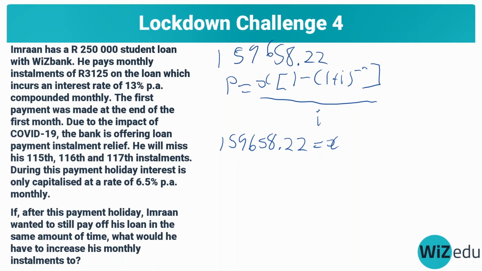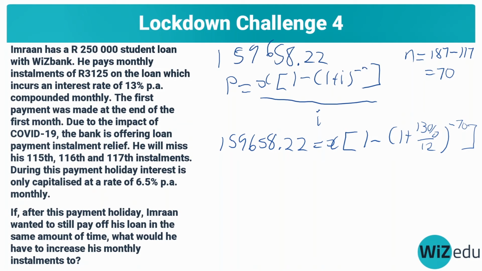X is our unknown because it's our new installment. That's going to be 1 minus 1 plus. Now our interest rate is back up to 13%. And n in this case is going to equal 187 minus 117, which is 70. It's the remaining number of months that we have to repay the loan in order for it to be the same time period. And that's all going to be over our interest rate of 13% over 12.